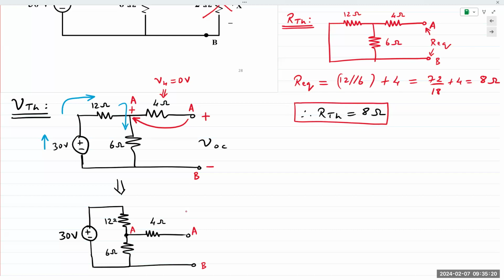So what technique comes to mind? Remember, once you're done with the problem setup, you can use any technique you want. Mesh current analysis, node voltage analysis, superposition, KVL, KCL, Ohm's law, resistors in series with the voltage. What happens to voltage when it's connected to a series connection of resistors?